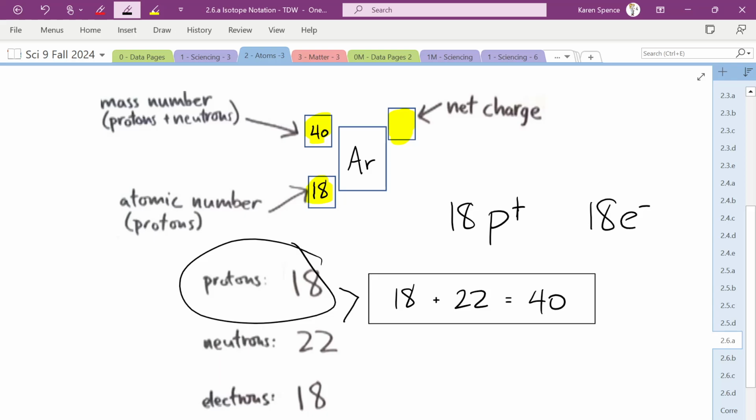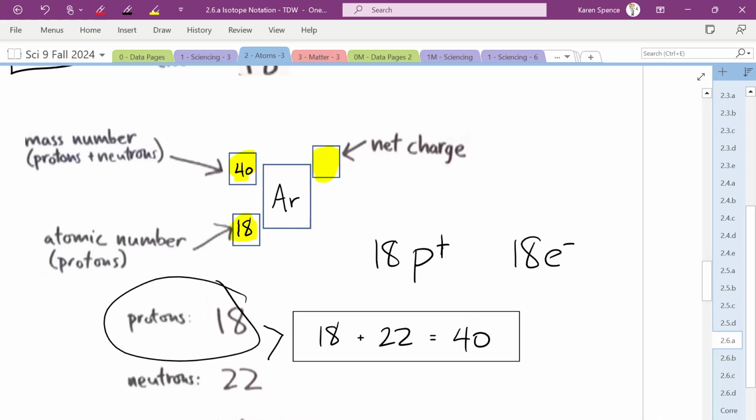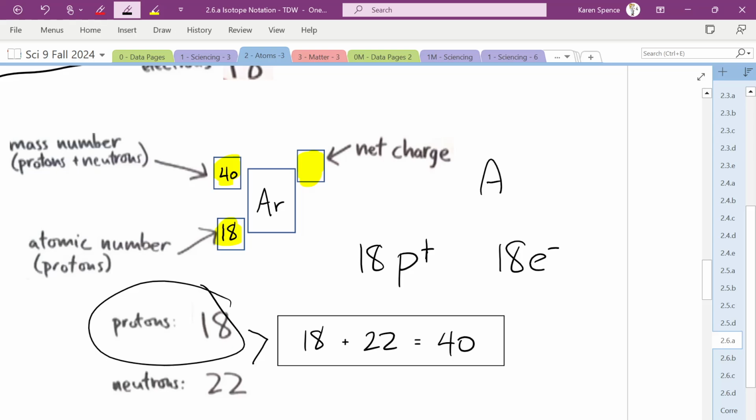So we just leave that blank. So if we were to write the name of this, this would be argon. What else would we put? Argon dash what? 40.